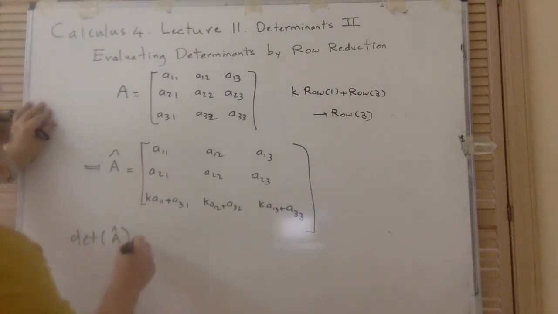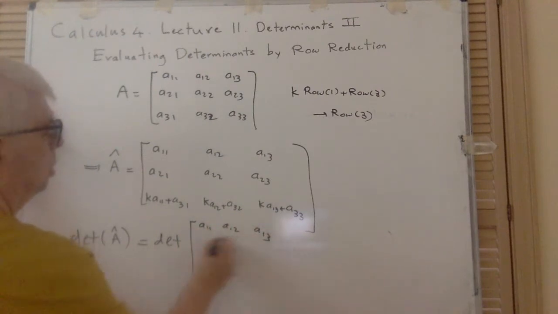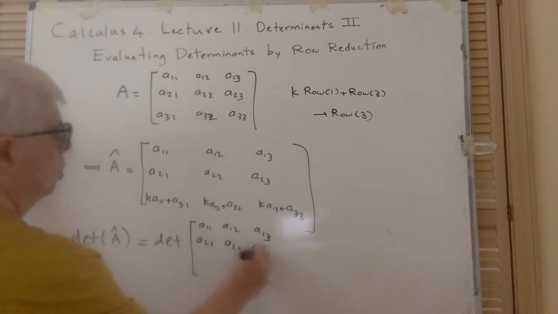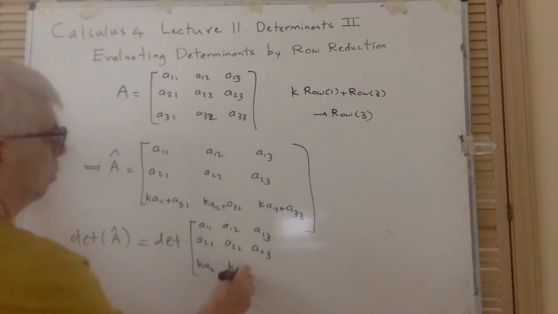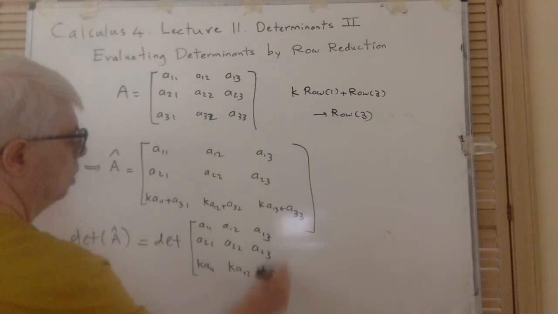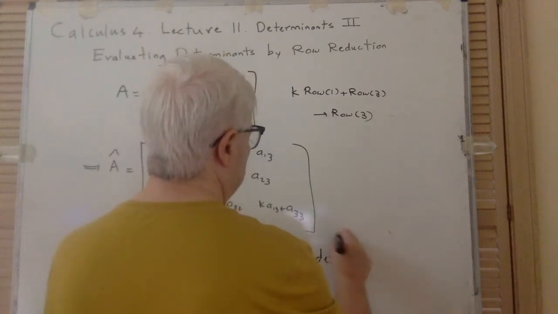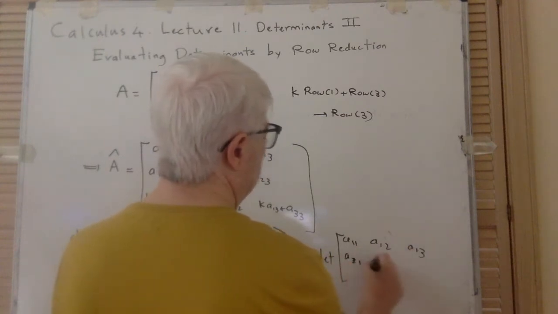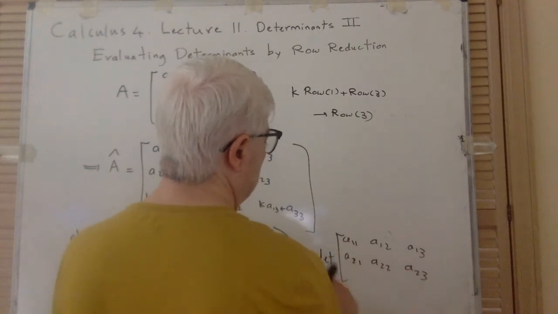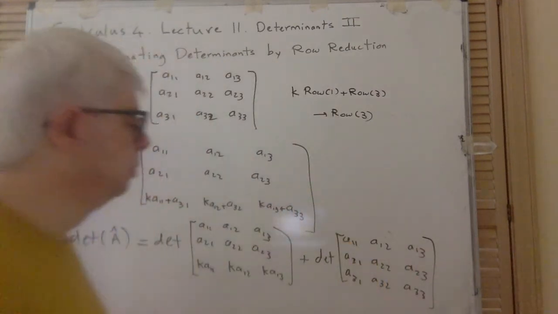So this will be the determinant of this matrix with rows A11, A12, A13, A21, A22, A23, and k A11, k A12, k A13, plus the determinant of the other matrix with rows A11, A12, A13, A21, A22, A23, and the third row of A.